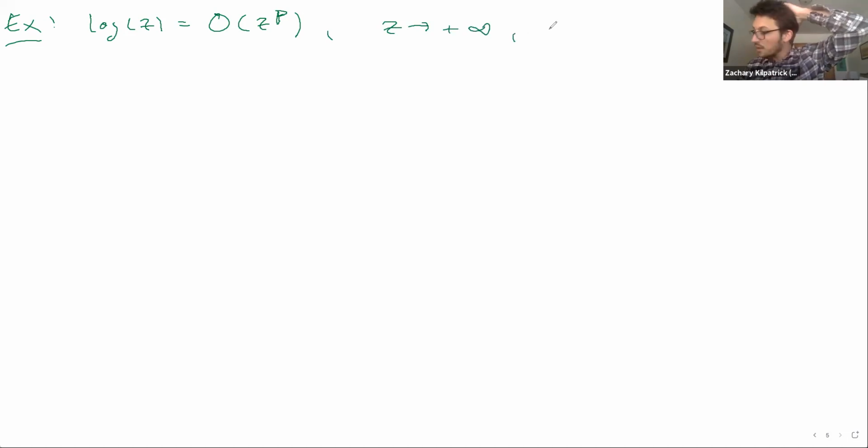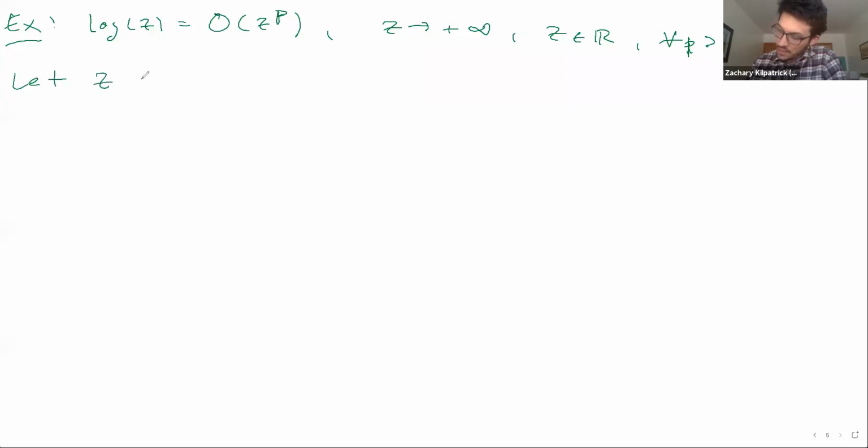But we can still say that log of z is going to be big O of z to the p, okay? z is in R in this case, and this is true basically for any p greater than 0, okay? So this is not somehow a tight bound on the scaling of log, but rather just some upper bound on how it scales in this limit, okay?